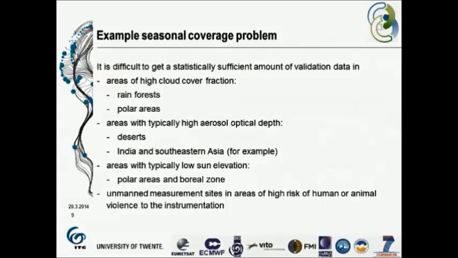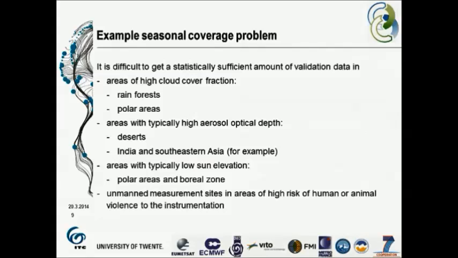Example of the seasonal coverage problem. It is difficult to get a statistically sufficient amount of validation data in some places because they might have a high cloud cover fraction, typical, like rainforests or polar areas. You get very little data for that kind of places. Then there are areas which typically have high aerosol optical depth, which also causes difficulties for the atmospheric correction.